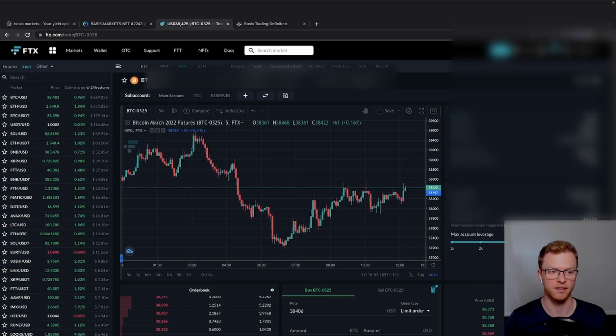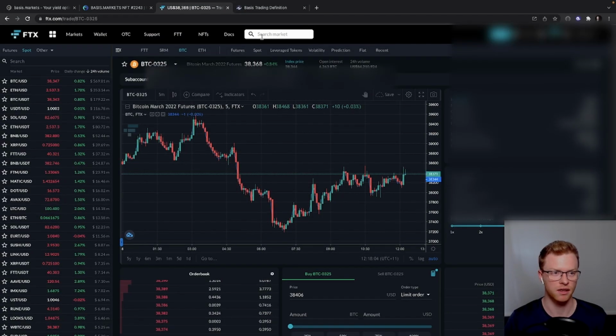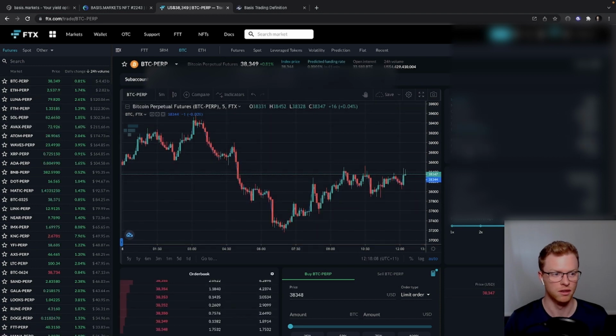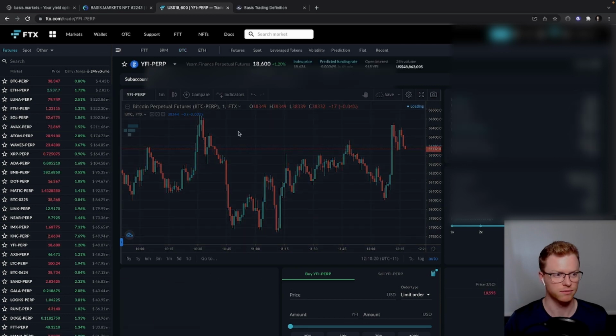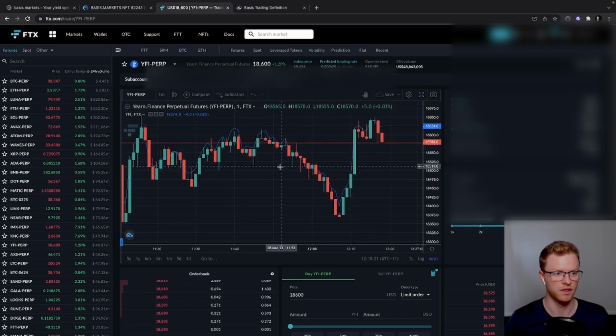If we look at, say, BTC futures, so Bitcoin perp right now, you can see it's trading mostly in line. But let's look at something a little bit different. So maybe YFI. Okay, so you can see the blue line.